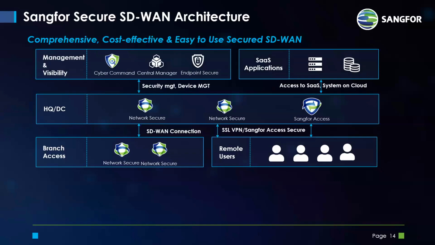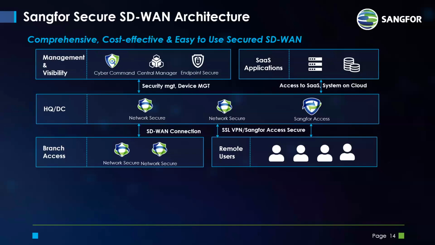The architecture features central management through a controller, enabling IT administrators to monitor and enforce security policies across distributed environments from a single dashboard. Encrypted tunnels ensure secure data transmission between locations, while secure internet breakouts at branch offices optimize traffic flow and enhance performance for cloud applications.